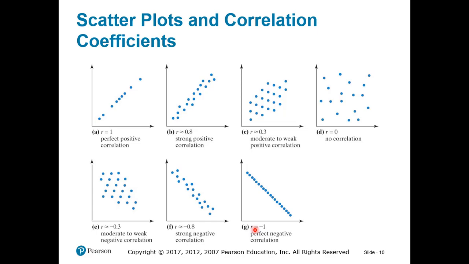Anything around 0.3, 0.4, 0.2 is weak, or moderate to weak. Then 0.5 would probably be moderate, 0.6 moderate, and then around 0.7, 0.8, 0.9 would be strong. Again, these are not written in stone, but it gives you a general idea of how we rate these.